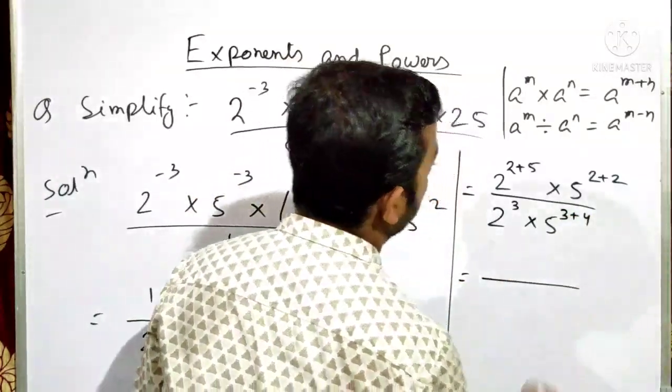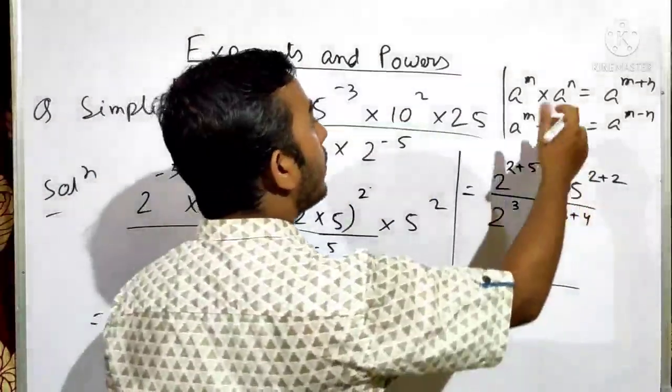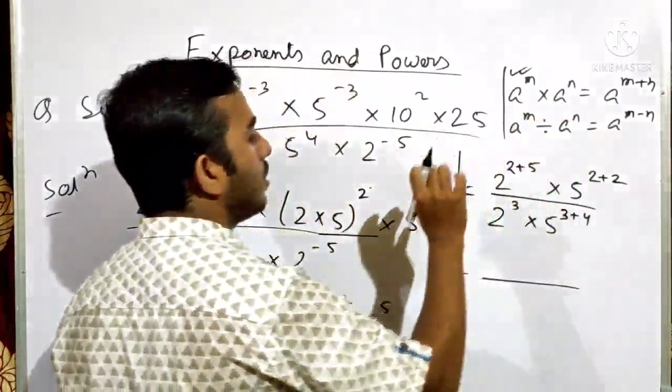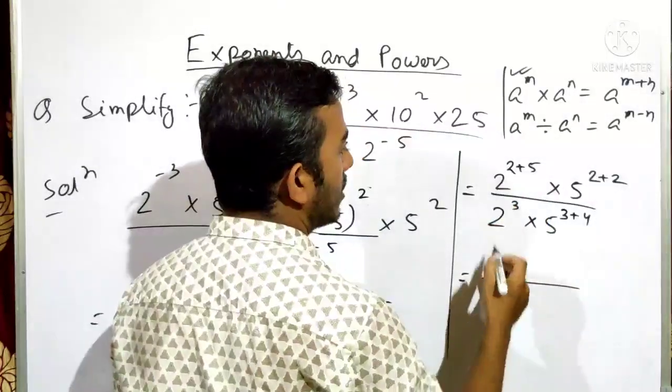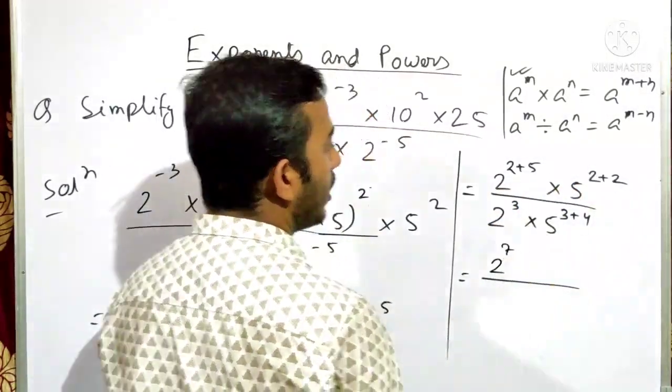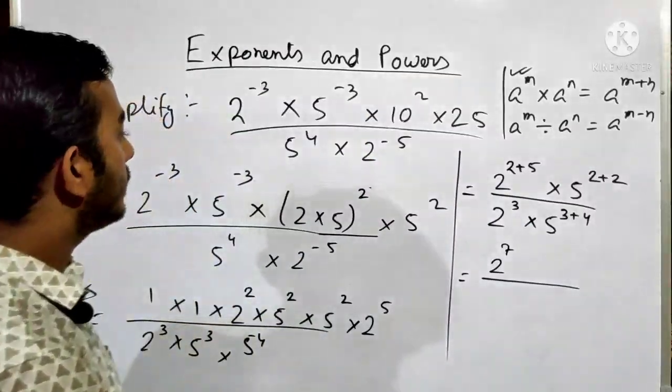Clear? Okay, here which formula have we used? This one, very important. These two formulas are very important to solve. All the formulas and relations are important. So look here, 2 power 2 plus 5 is how much? 7, isn't it? 2 plus 5 is 7.